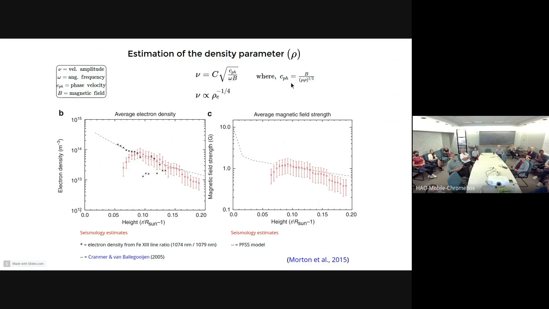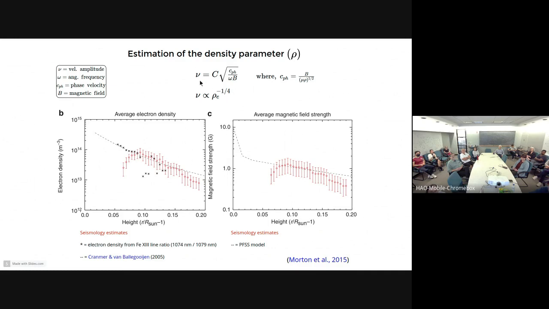Now we know so far that the phase velocity could be related as the magnetic field times the square root of the density. If we substitute this relationship in here, we can get an expression of the relationship between the Alfvénic fluctuation amplitude as well as the density itself.